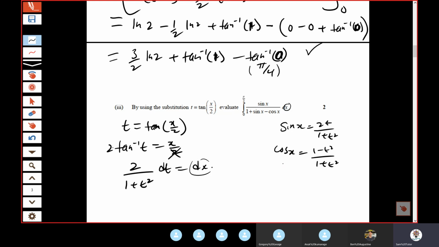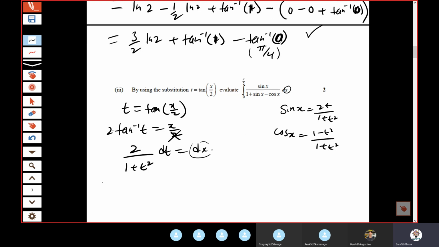And then we can't forget, what must we do with our limits always? So when x equals pi on 2, t equals 1, and when x equals 0, t equals 0.